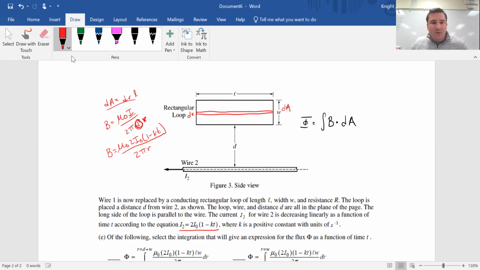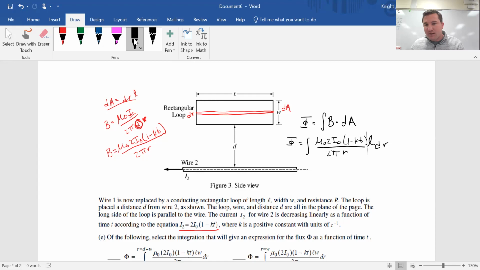And then we can take all that, right? We can take our dA, we can take our B, and we can substitute that in for our flux equation. So flux is going to be the integral of mu naught 2 I naught (1 minus KT) over 2 pi R times L dR, right? Length times width, which is what we were substituting in for area.